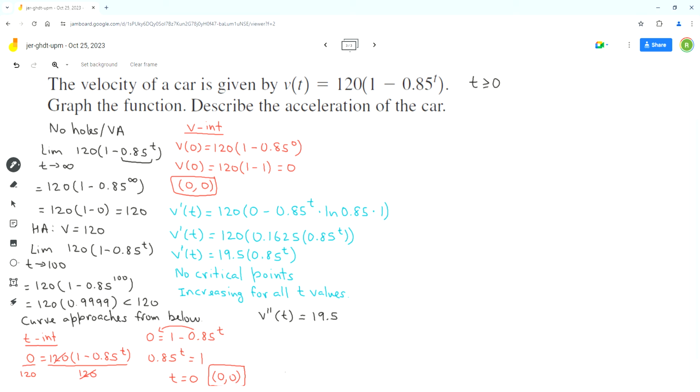For the exponential term 0.85 to the power t, the derivative will be the exponential term itself times the ln of the base times the derivative of the exponent, and the exponent is t, so its derivative is 1.